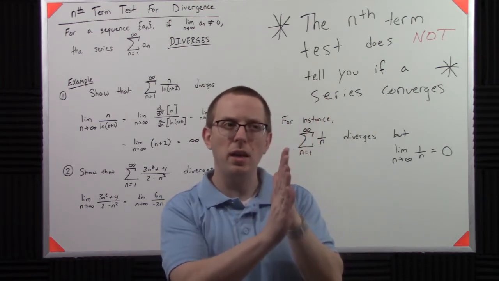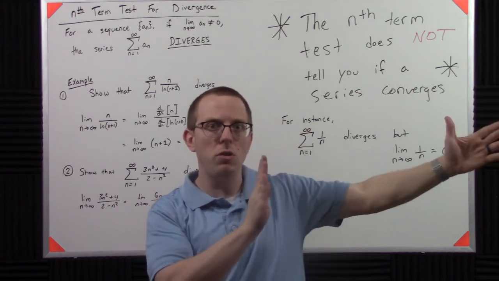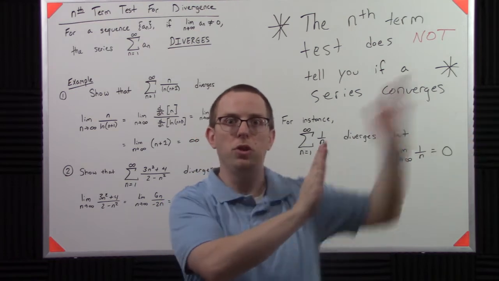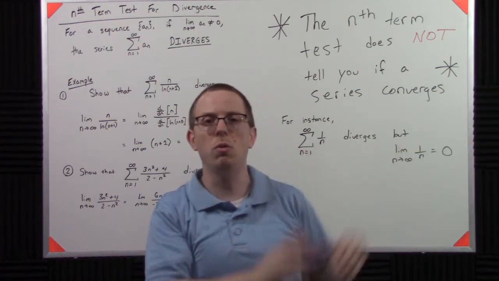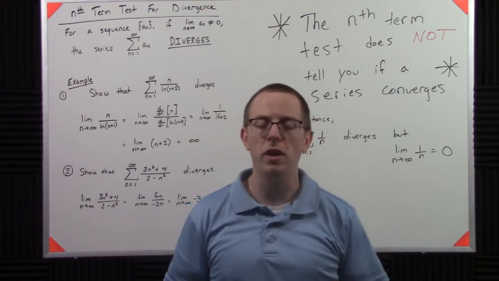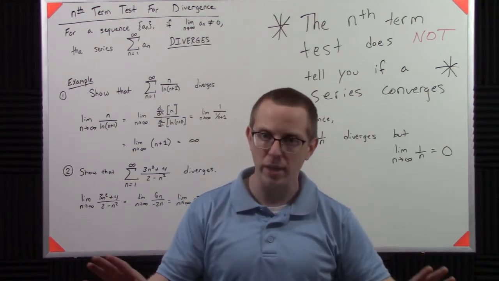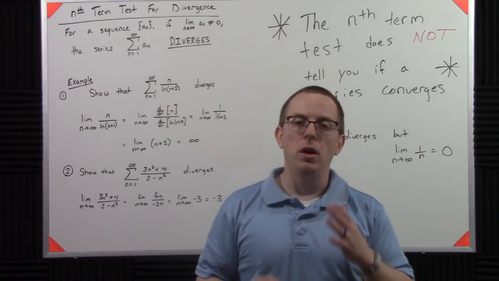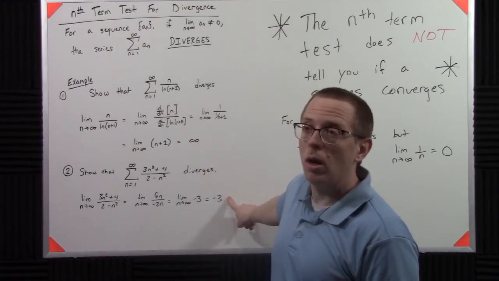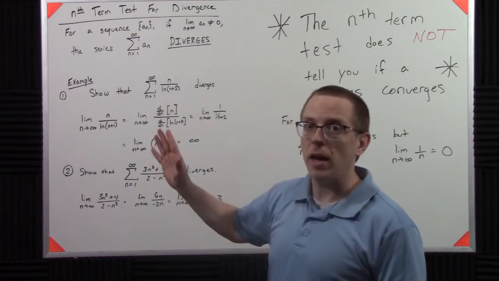Well, if I just continue to add negative 3's from 100 million terms to 100 billion to 100 trillion and so on, I'm going to keep adding negative 3's and just shoot down to negative infinity. So it's going to diverge every time. So if this isn't zero, then it automatically diverges.